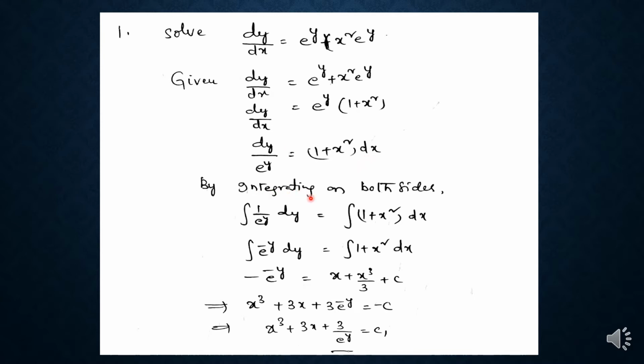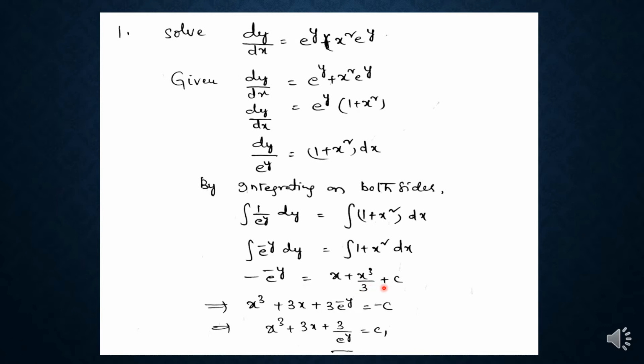By integrating on both sides, integral e to the power of minus y dy is equal to integral 1 plus x square dx. That is minus e power minus y is equal to x plus x cube by 3 plus c.